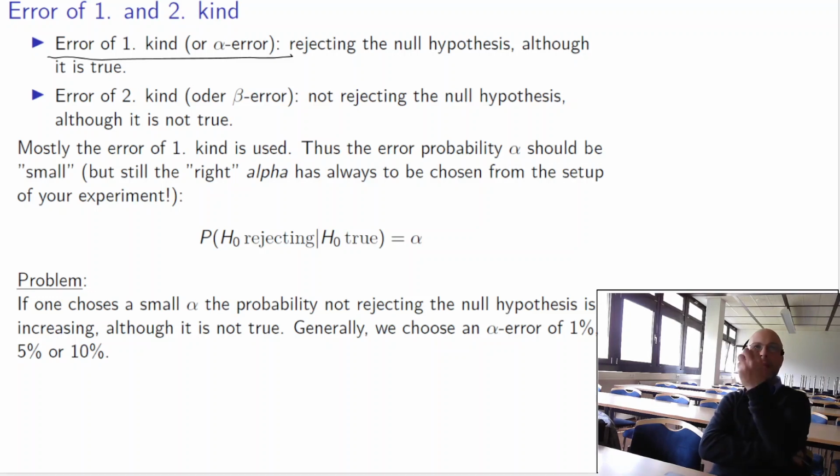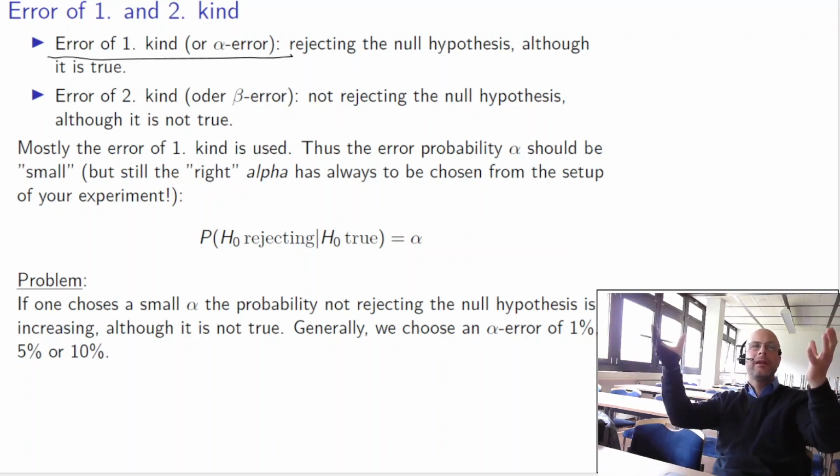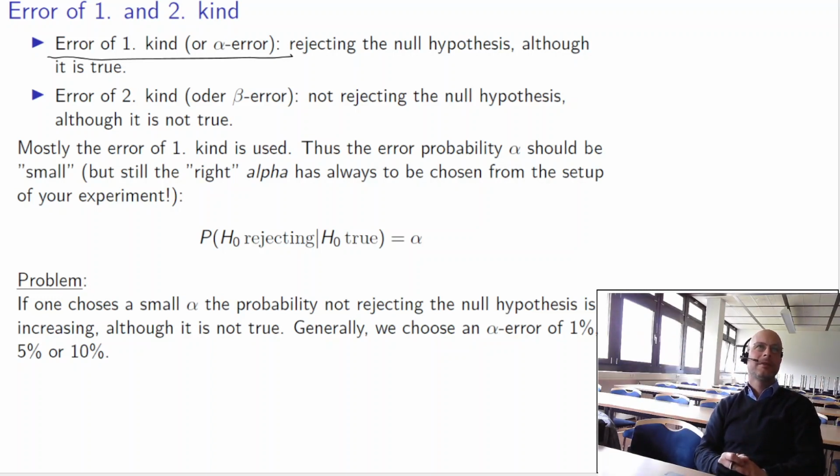Because if we calculate from our random sample whether our parameter is larger or smaller than some specific value, what can happen? It can happen that from our random sample, these 1,000 people we ask, this is only a sample, and these are not the whole population of, let's say, Wilhelmshaven.